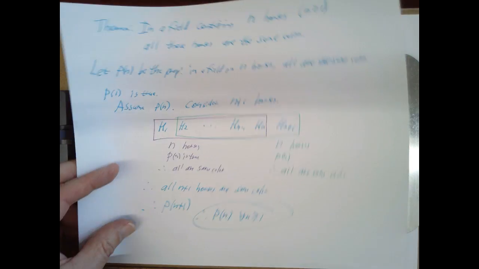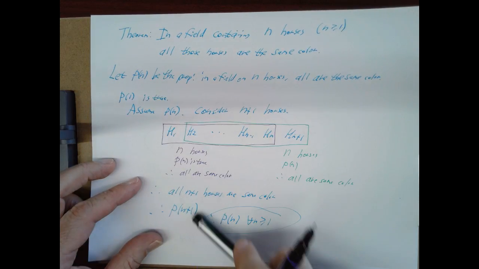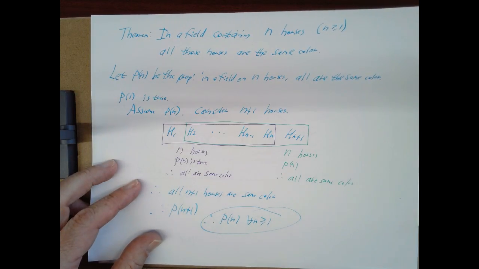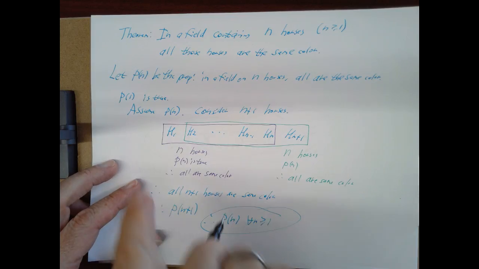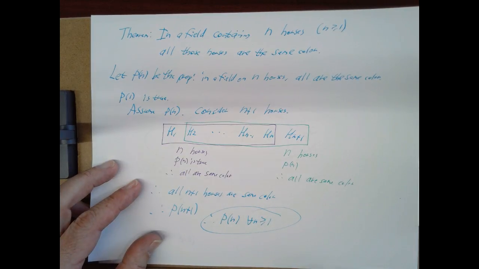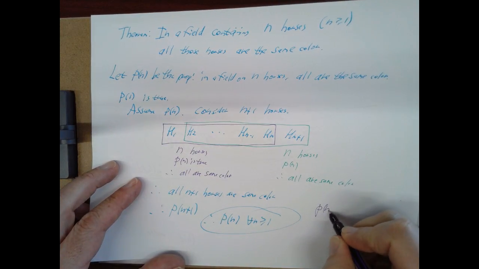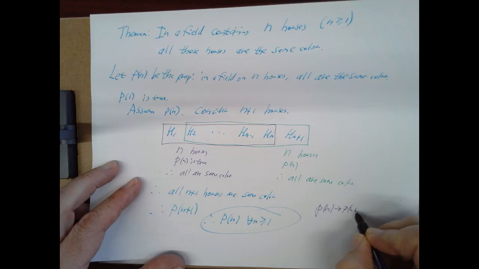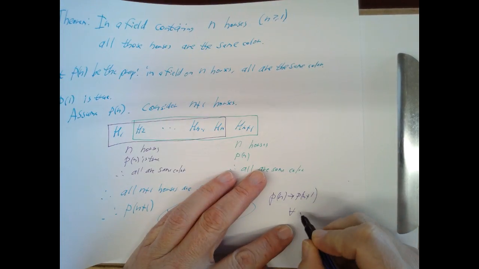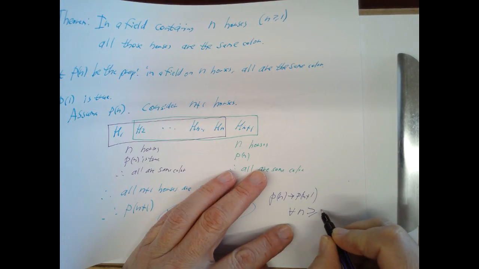So this argument that P of n implies P of n plus 1 does not work in the particular case where n equals 1. Right? And even though we have a good base case P of 1, P of n implies P of n plus 1 is only for n bigger than or equal to 2.